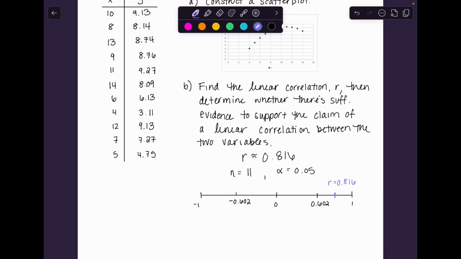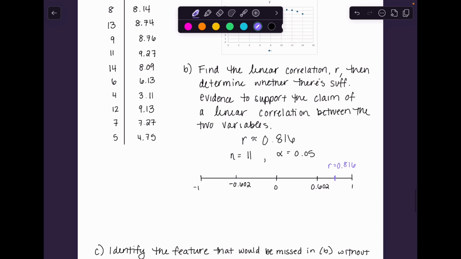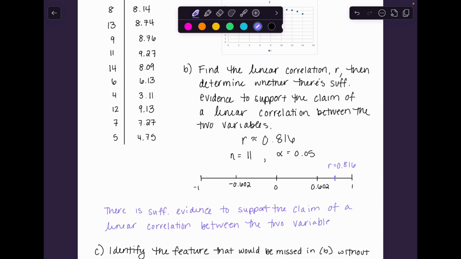So this tells us there is sufficient evidence to support the claim of a linear correlation between the two variables, because it falls into that significant region.